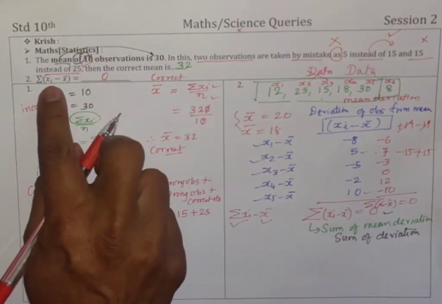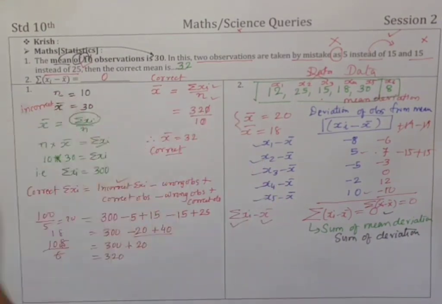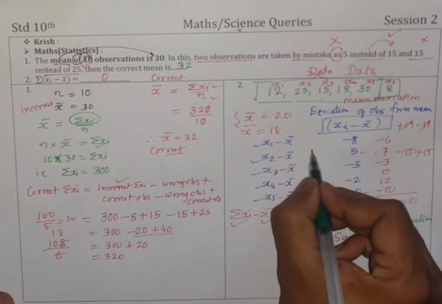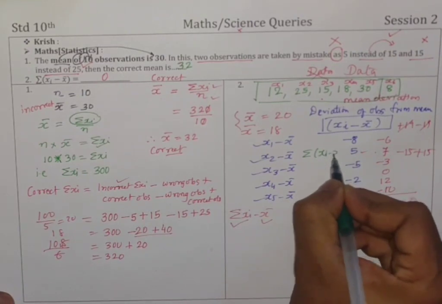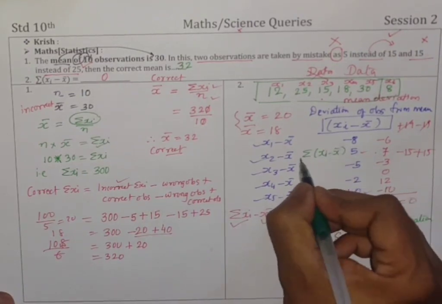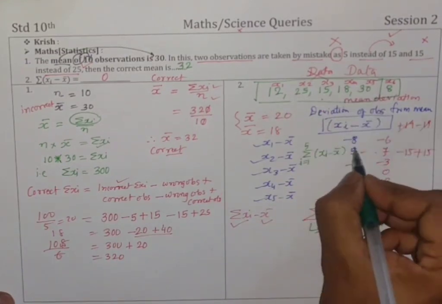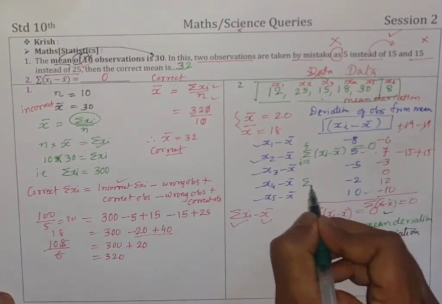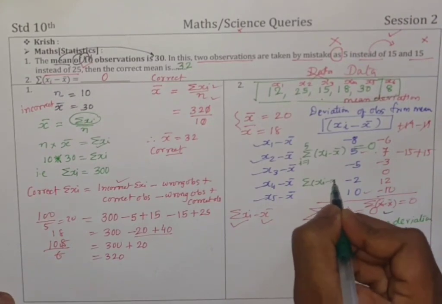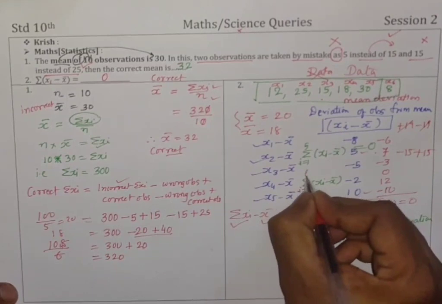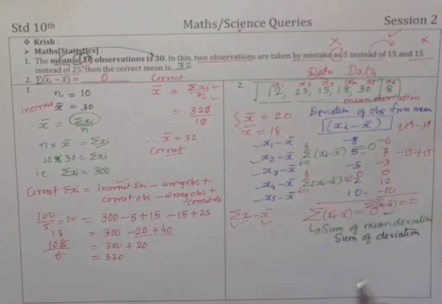But take care, it should be in brackets. Children, in the first case, sigma xi minus x bar, i runs from 1 to 5 because the data has only 5 observations, that is equal to 0. In the second case, sigma xi minus x bar and i runs from 1 to 6, but that is also equal to 0.